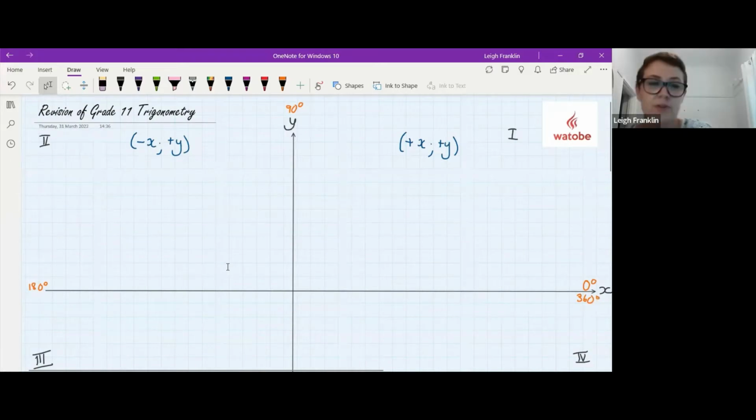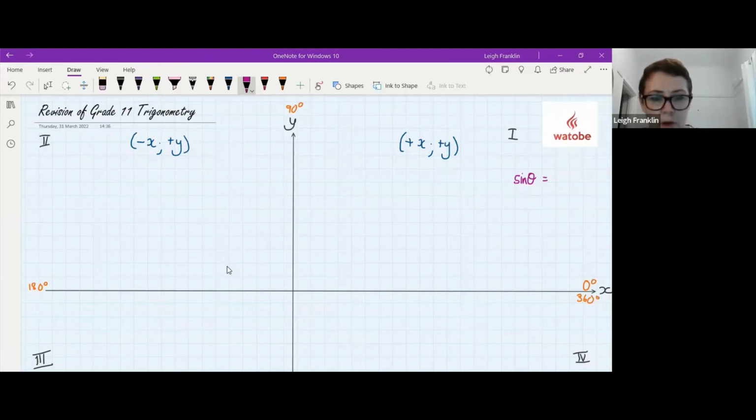The reason that they're super, super important in trigonometry is because this is how our ratios are made. So when we talk about sine theta, in terms of x and y and one other variable, what is sine theta equal to?